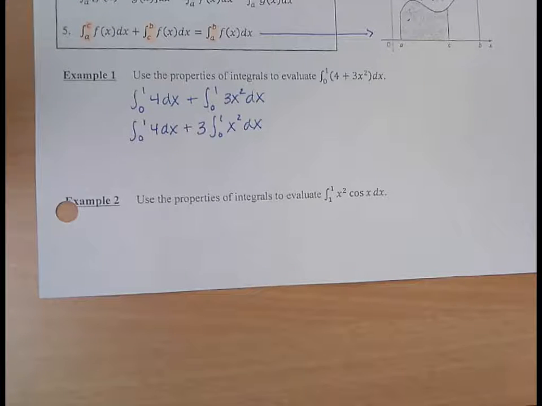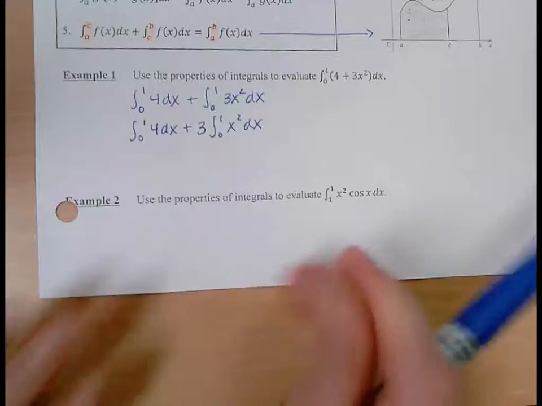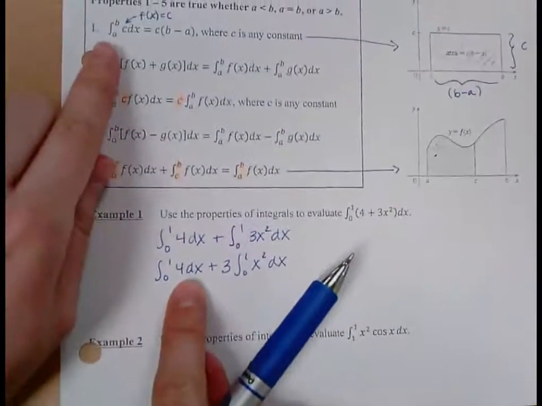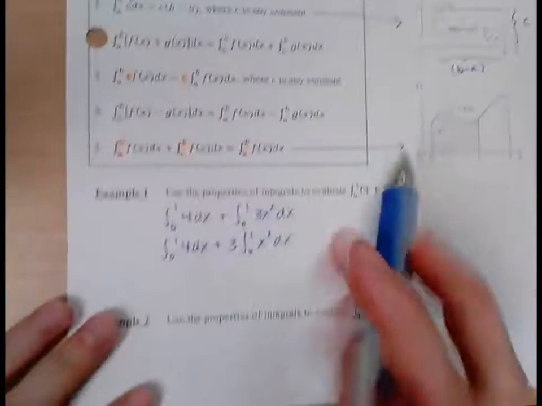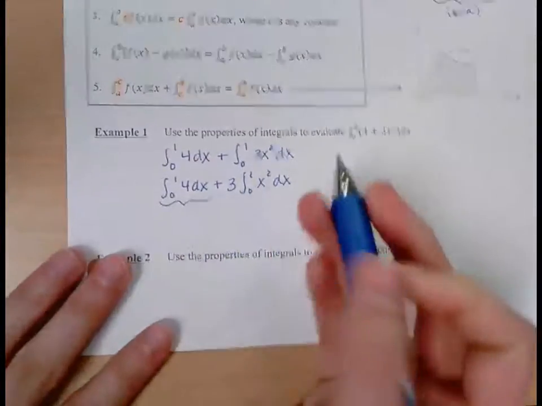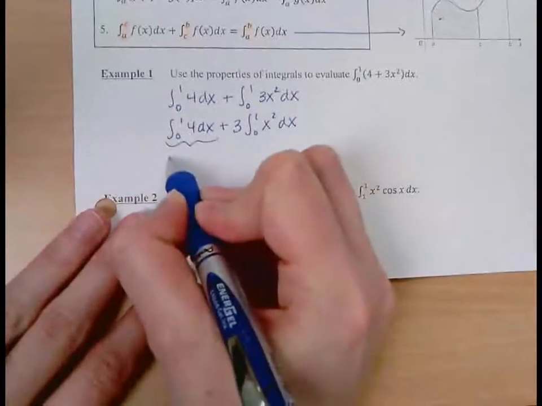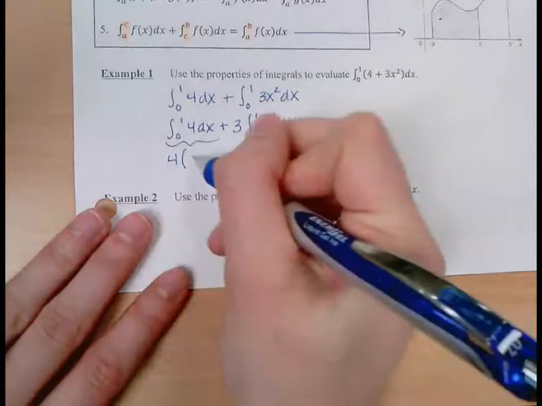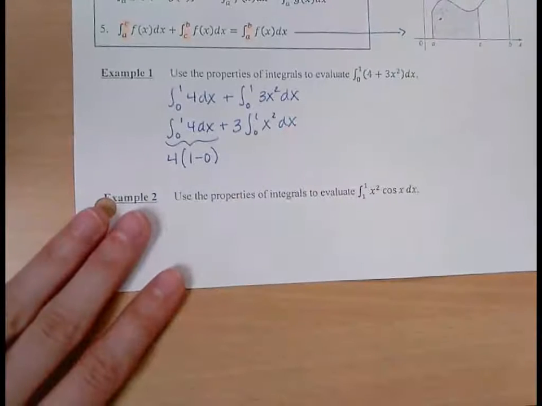And then, to evaluate that first integral, 4 is just a constant, so it would be using that first property. So I can say this is equal to the constant of 4 times the width of the interval, which would be 1 minus 0. So that's using that first property.